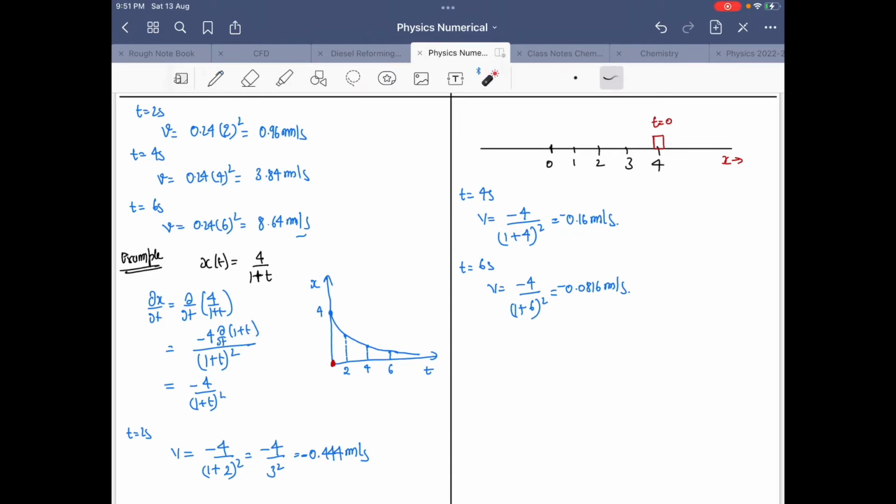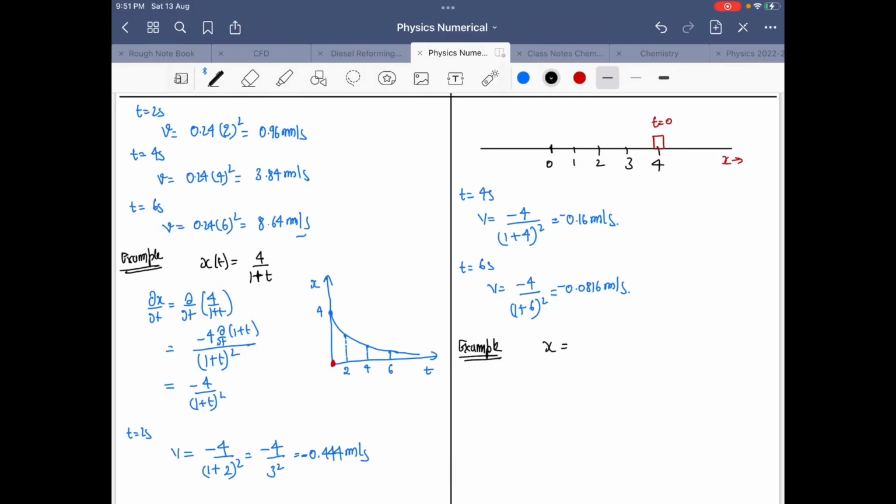Now let us look at another example. The example says we have a relationship between the distance and time as per this, x equals a plus b t square, where a is equal to 8.5 meter, b equal to 2.5 meter per second square, and t is our time.